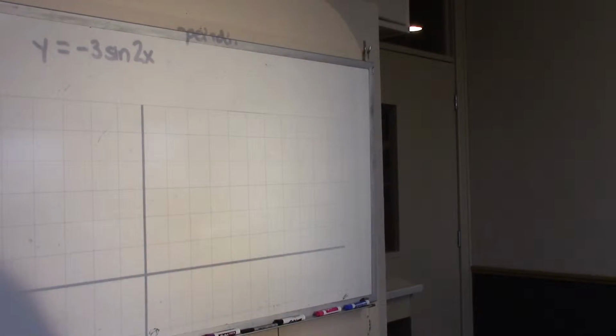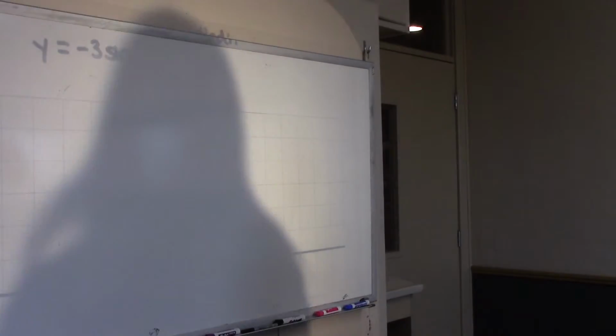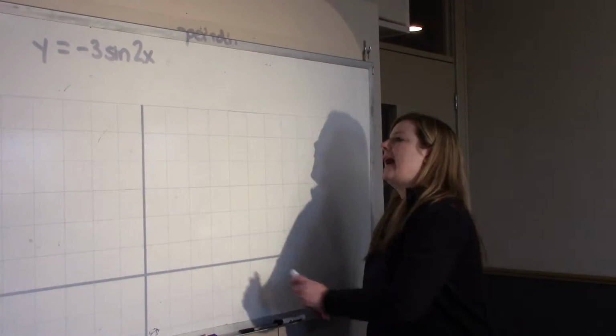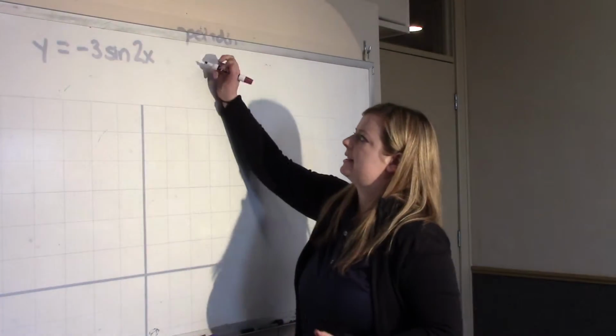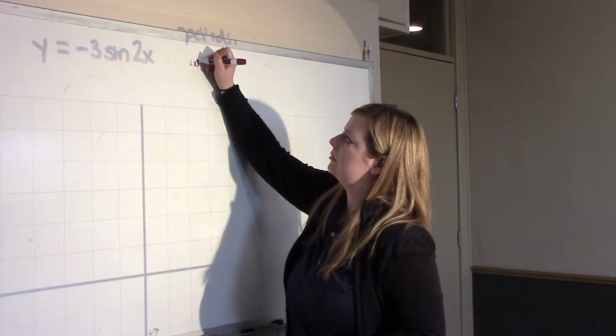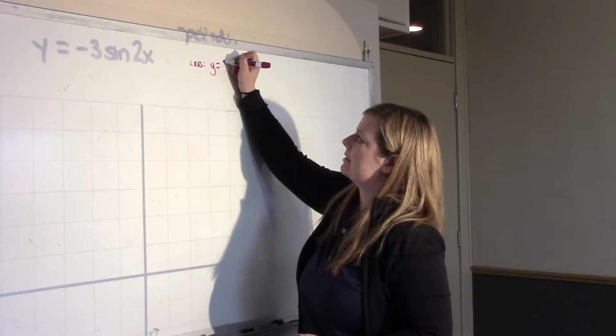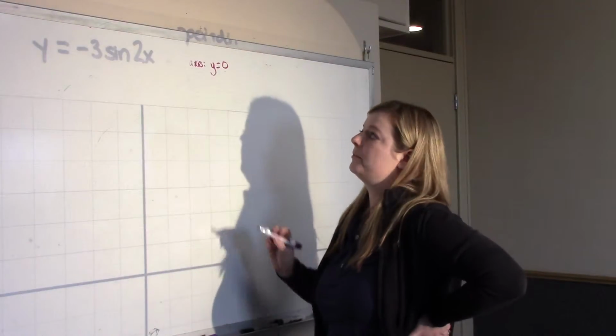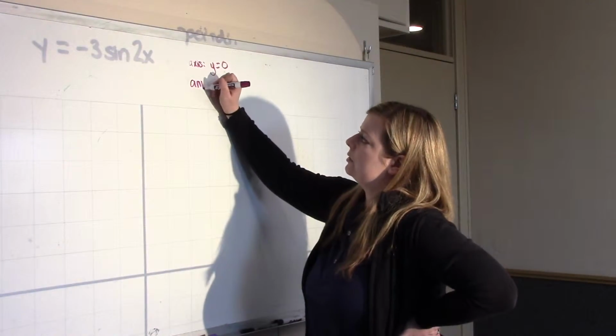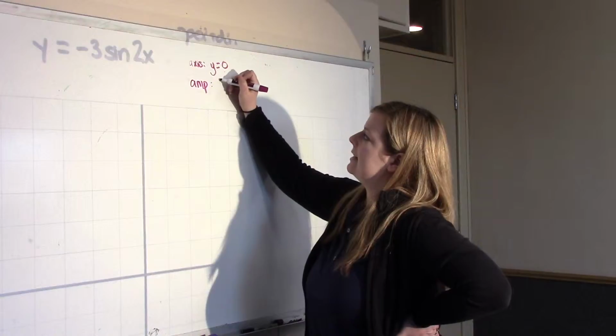No, we're good. So let's do a little bit of analysis first. So the axis is y equals 0, because there's nothing added or subtracted at the end here. So it's still just 0. The amplitude is 3.